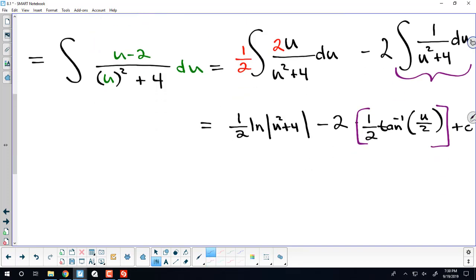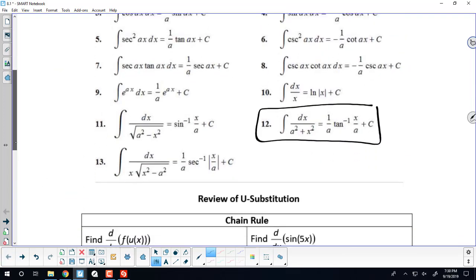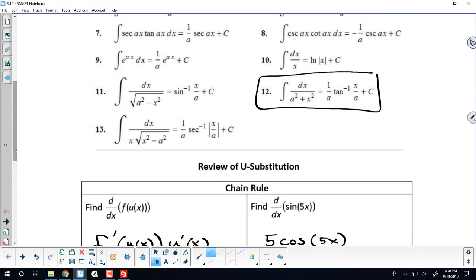For which one? For the inverse tangent? So you said there's no leeway to do that? No. It's kind of like with the ln thing. You just have to know that the antiderivative of 1 over x is ln from the beginning.